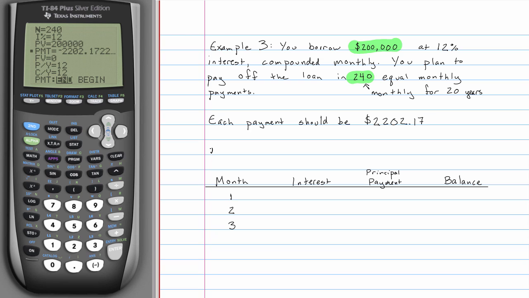Again, the interest is going to be the principal times the interest rate times 1 month for each month, which again will simplify to the interest is 0.01 times the principal.